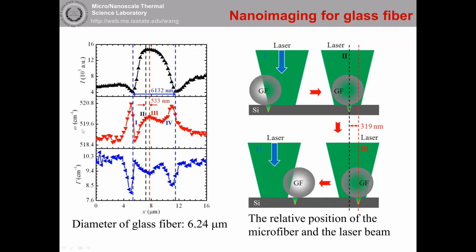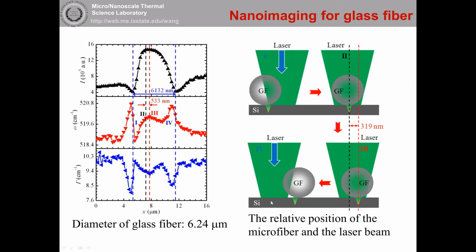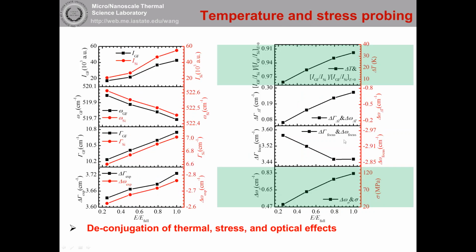And that's the omega and the line width. This kind of variation in space is complicated, because with multiple scattering of the light, you have to track the light rays and how they are reflected. But all of them can tell you the size of the glass fiber. And in the same way as before, we can determine the temperature rise of the silicon and the glass fiber because of the heating.